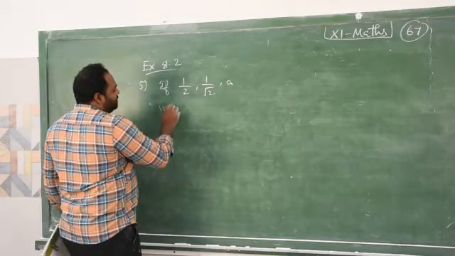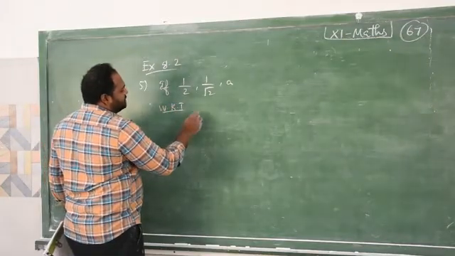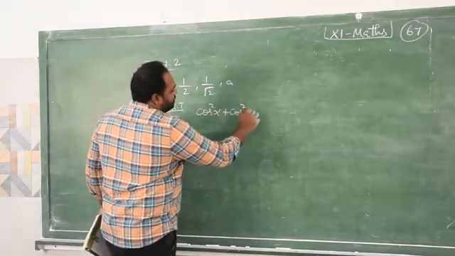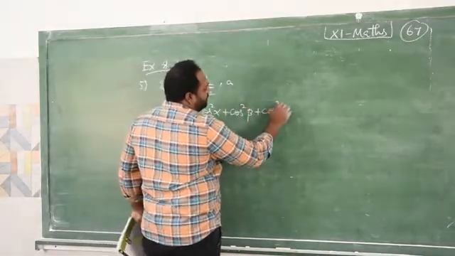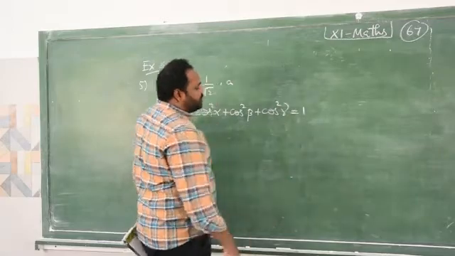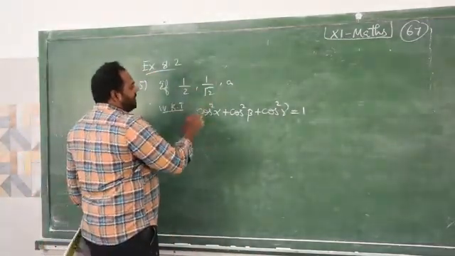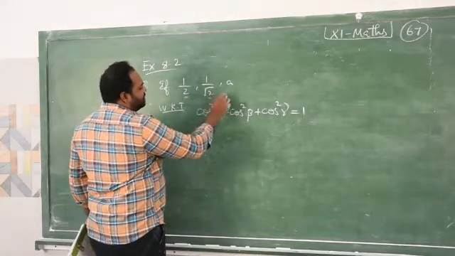We know that cos square alpha plus cos square beta plus cos square gamma equals 1. We know this definition. So using this definition, I am going to find the value of a. This is cos alpha, cos beta and cos gamma.